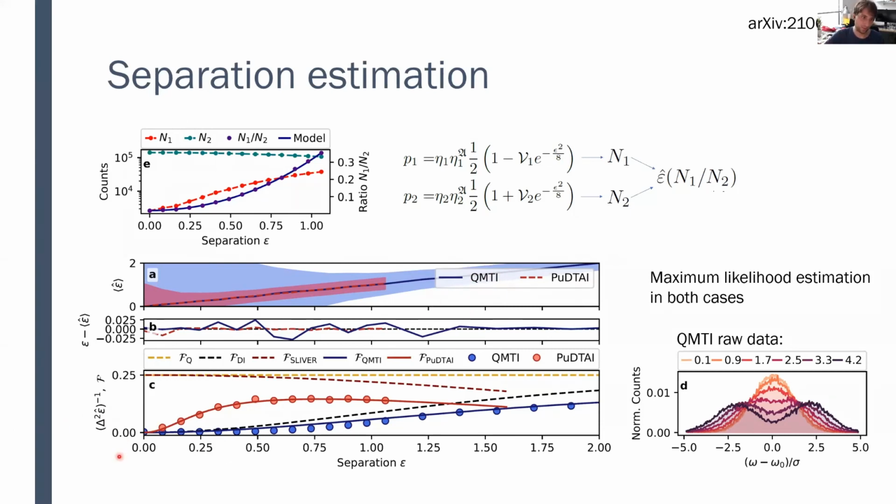The precision actually exceeds, for small epsilons, the conventional protocol precision more than 20 times. That means that to get the same precision in estimation, we need to use 20 times fewer photons, which in particular may translate to 20 times less measurement time.